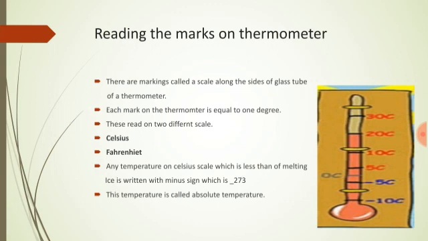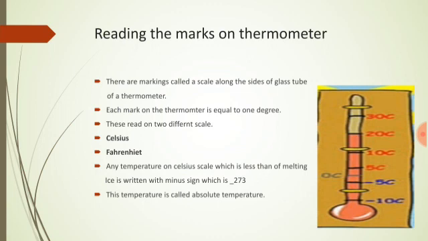These are read on two different scales. On a thermometer, temperature can be measured by two different scales. The first one is Celsius and the second one is Fahrenheit. Any temperature on the Celsius scale which is less than the melting point of ice is written with a minus sign.